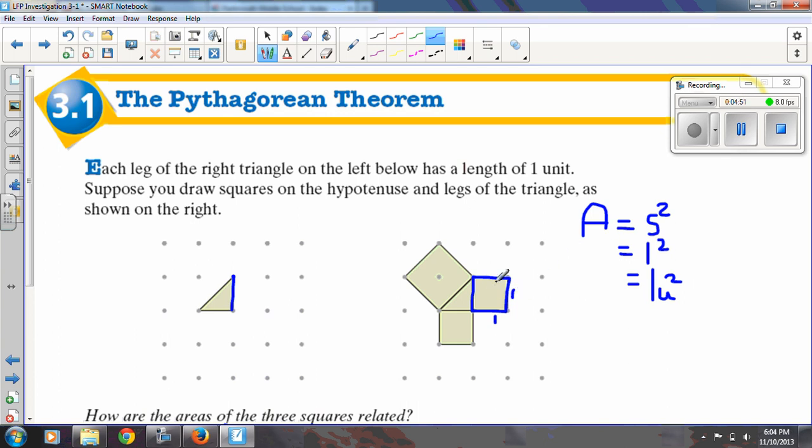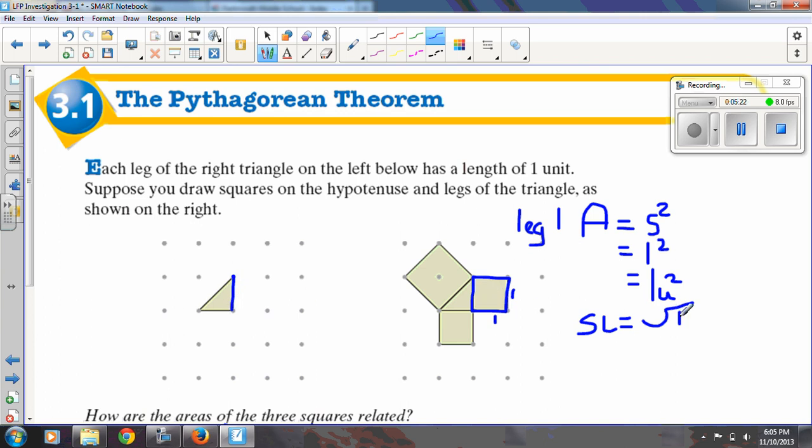Okay, so we'll call that leg 1, the area for leg 1. And that's just the area. If I want to find the side length of that same leg 1, I take the square root of my area, which is the square root of 1, and that is the distance along this line segment.